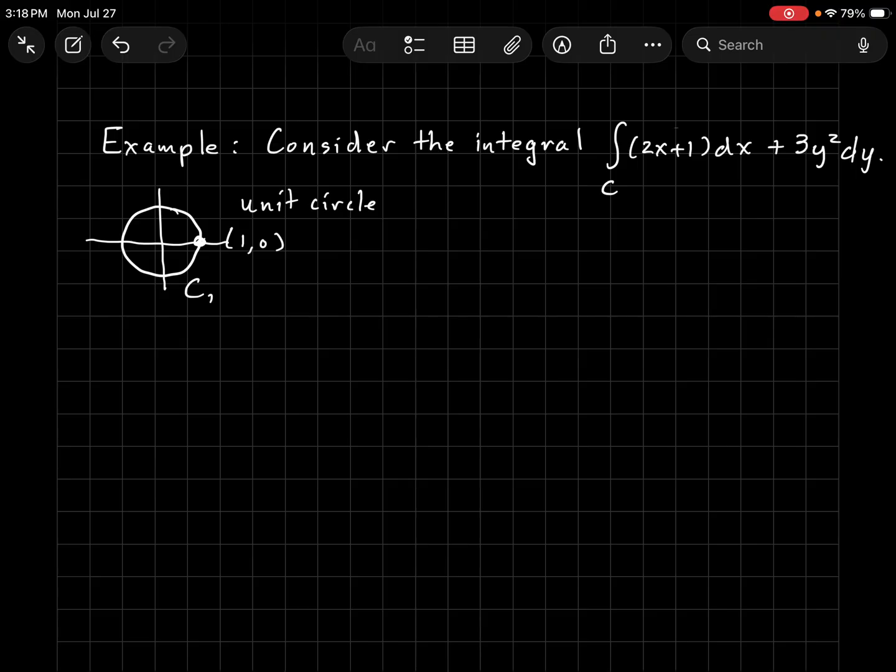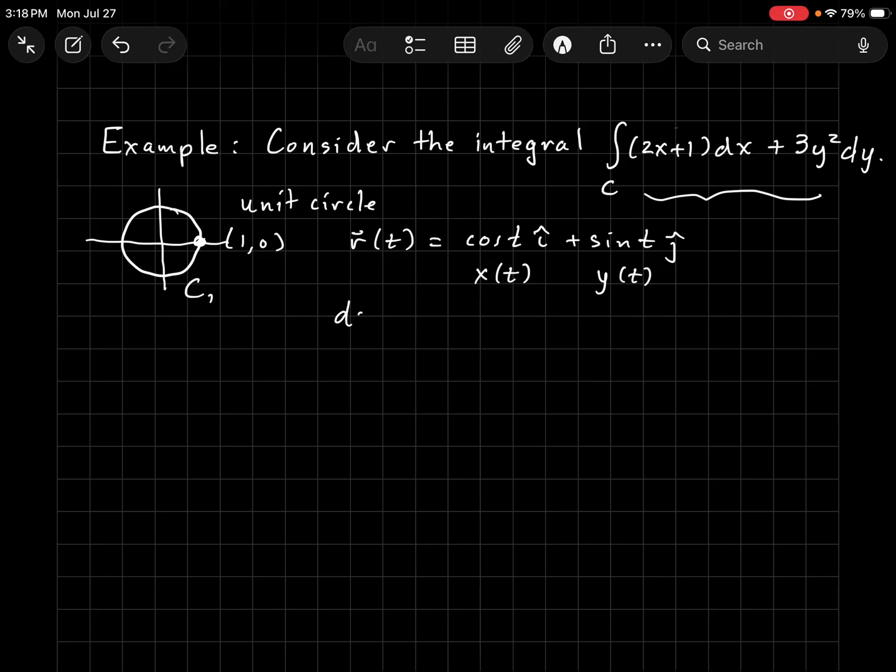So let's do this integral here. Let's start by parameterizing our unit circle in the standard way. r of t equals cosine t i plus sine t j, which means x of t is cosine t and y of t is sine t.